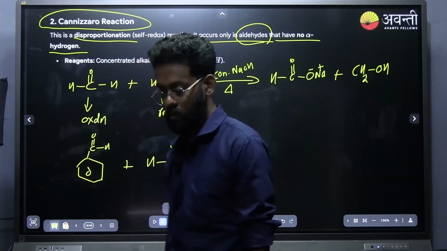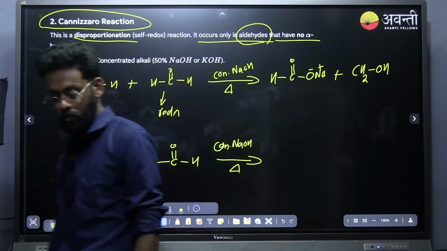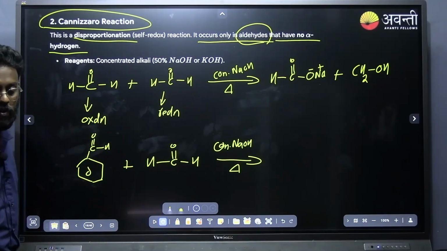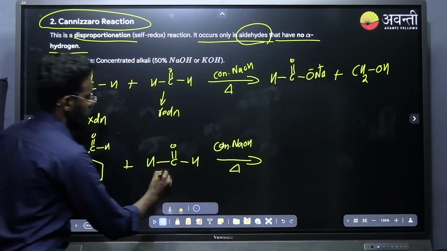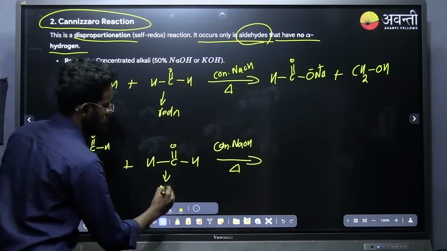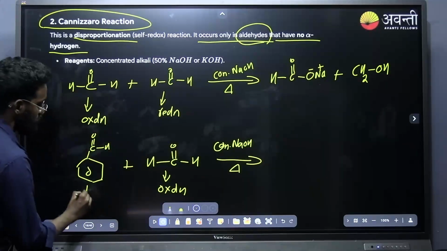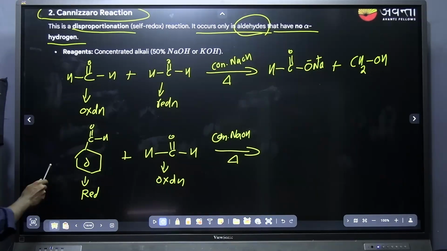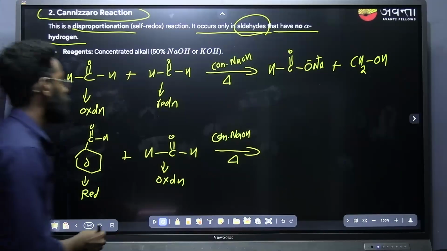Okay, Ketones, you said aldehyde? No. Yeah, which is going to reduce, which is going to oxidize? Here, the formaldehyde is going to oxidize and benzaldehyde is going to undergo reduction. What is the reason? Yes, formaldehyde undergoes oxidation. Very good. What is the reason?